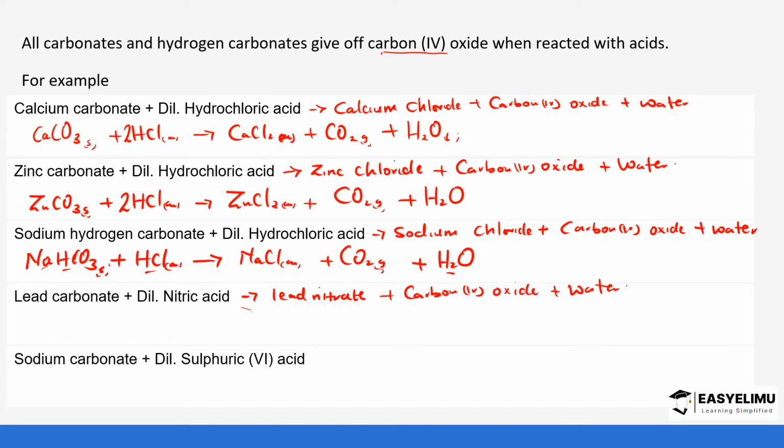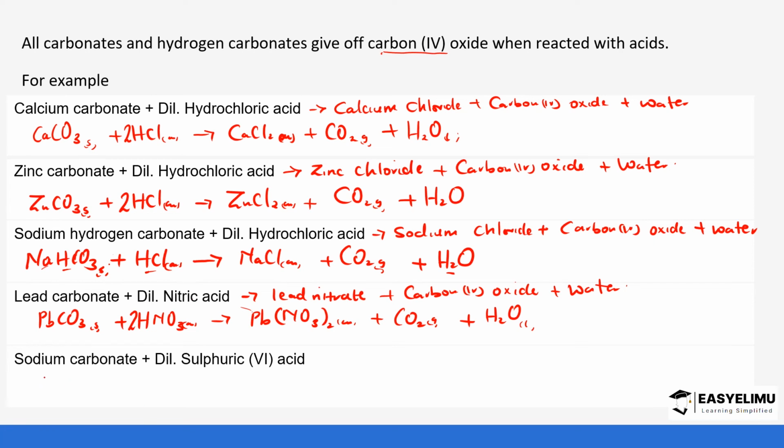If we write this equation, it's going to be lead carbonate plus nitric acid to form lead nitrate plus carbon dioxide plus water. So we have one lead, one carbon both sides. We have to put a 2 here to balance the hydrogens and the nitrate.